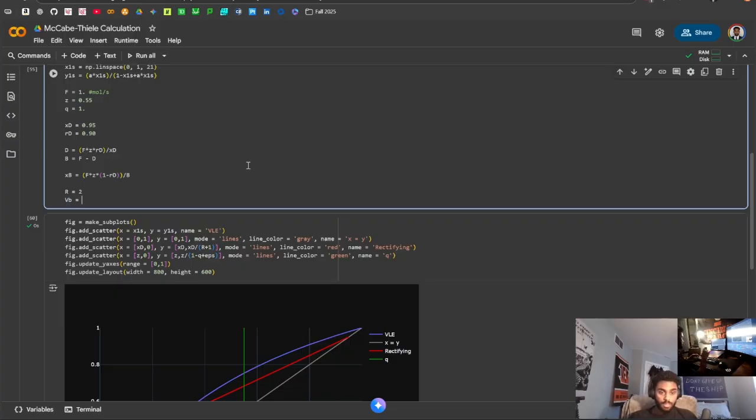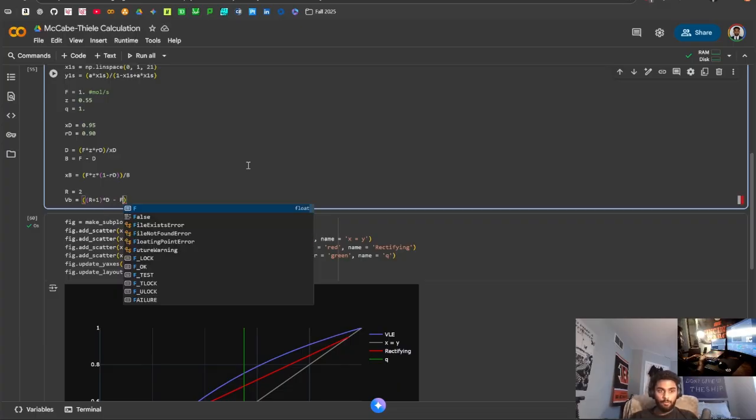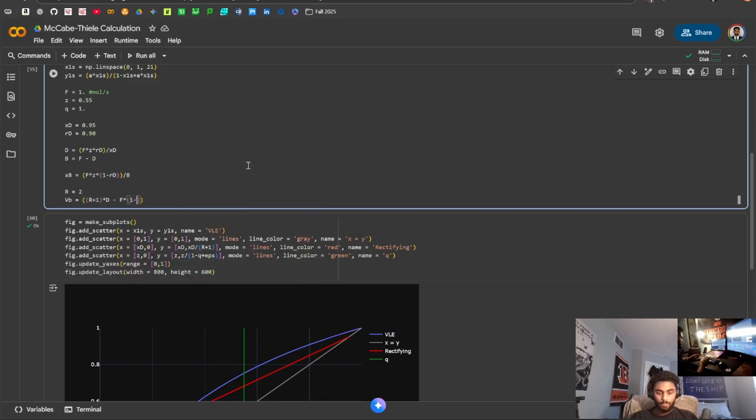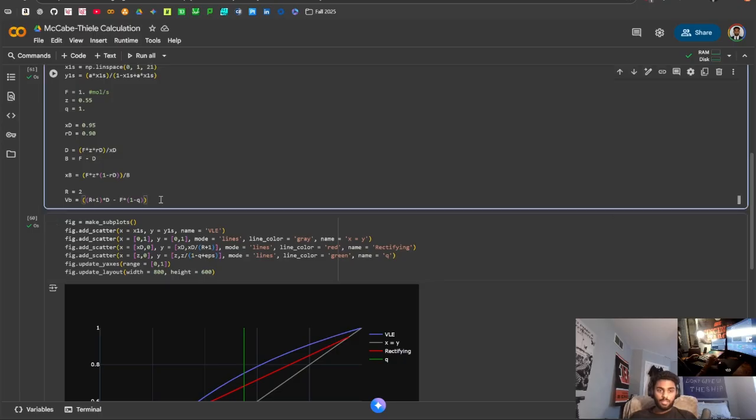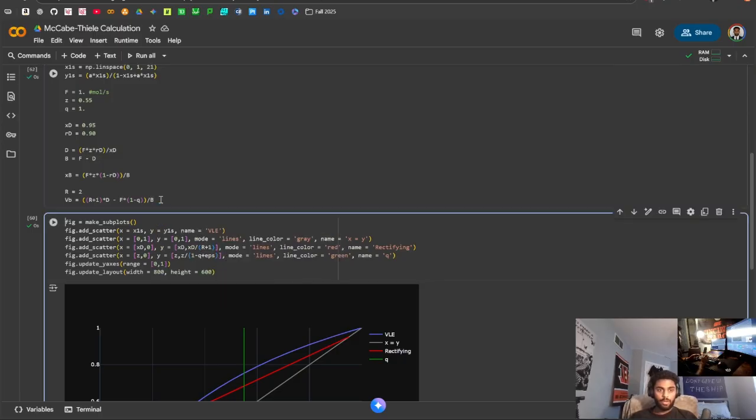And that looked something like this. We have R plus 1 times our distillate flow rate, minus our feed times 1 minus Q. And this is all over our bottoms flow rate. And these are all things that we have defined beforehand. So all of these are linked together.